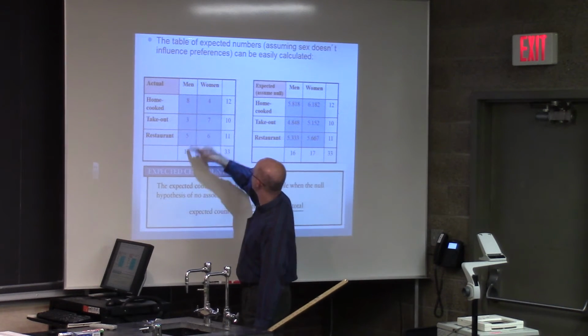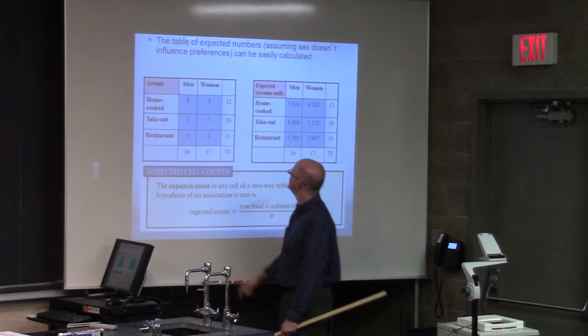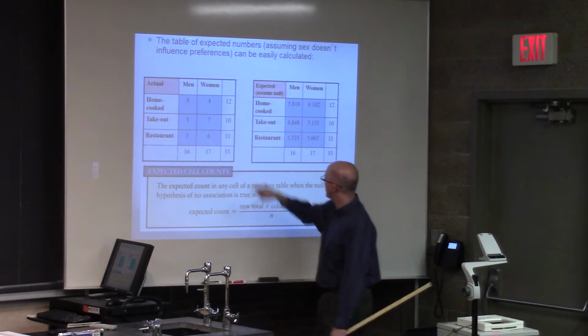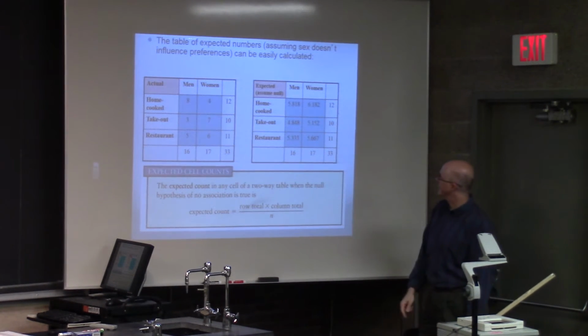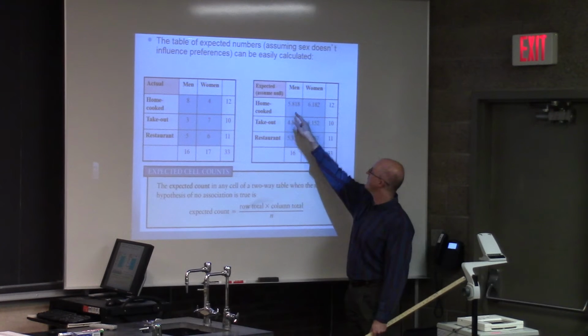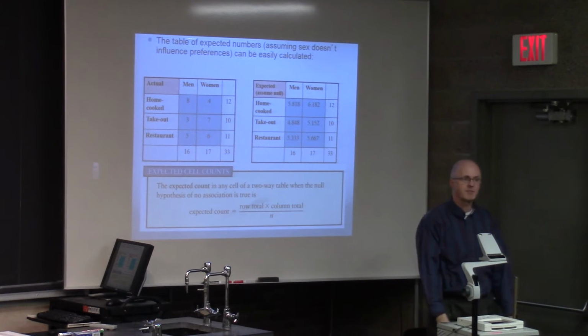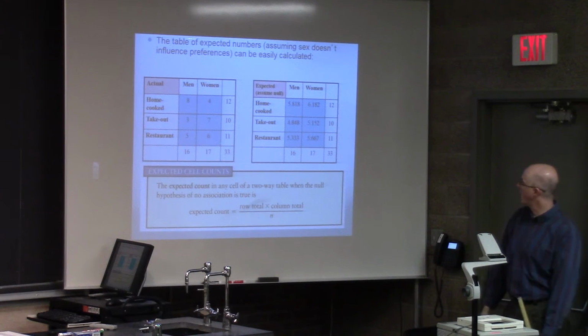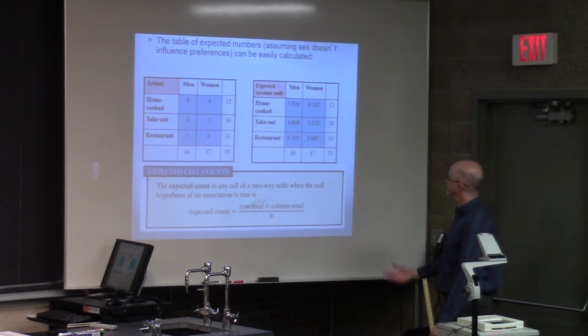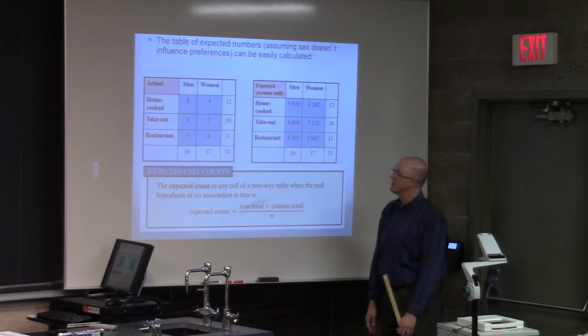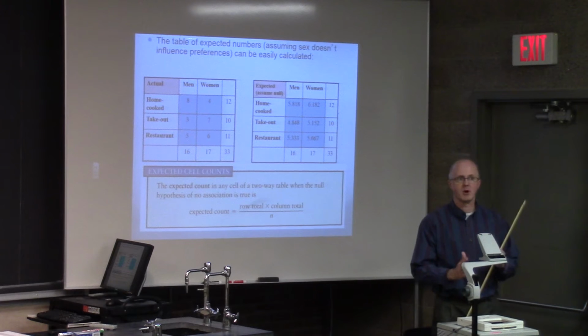It's in the same column and the same row as those two numbers. If you take 16 times 12 and divide by 33, I'm essentially using this formula, you will get about 5.818. That's the expected number of men that would prefer home cooked out of 16 men total if the proportions of men and women who prefer home cooked was the same.